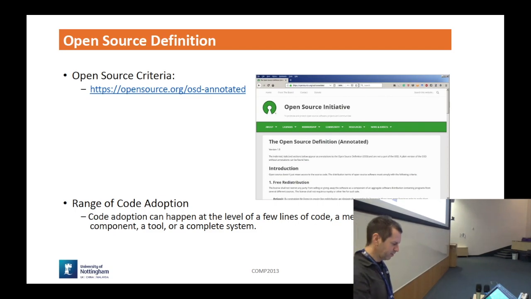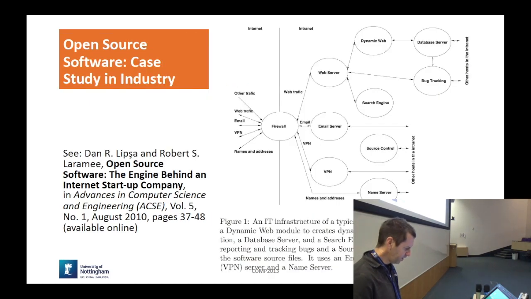Here are some examples, you could call it a case study, of setting up the infrastructure of a small company with open source software. You have a firewall typically, dividing you and the rest of the world.